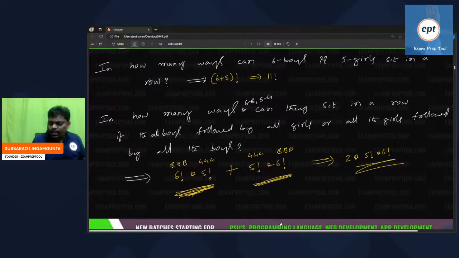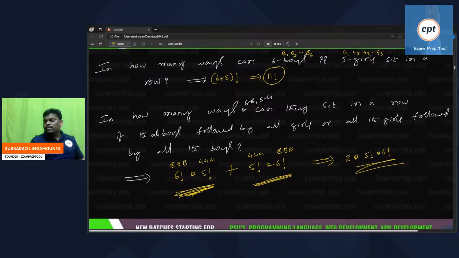Remember, 6 boys: B1, B2, and so on up to B6, and 5 girls: G1, G2, G3, and so on up to G5. B1, G1 is different from G1, B1. Your order is important, so 11 factorial. You cannot say B1 G1 is equal to G1 B1.